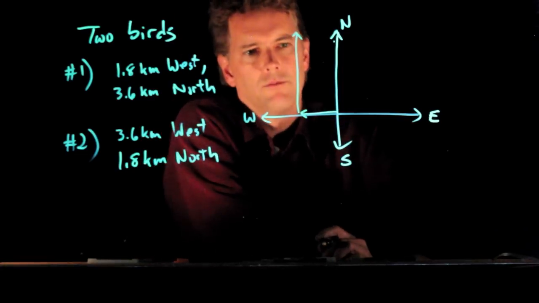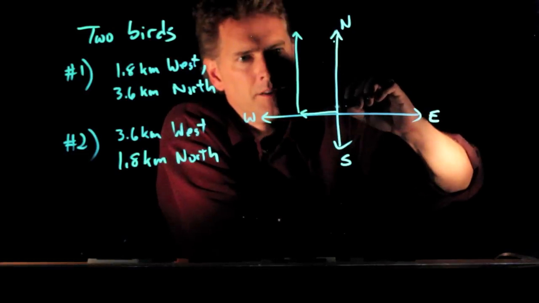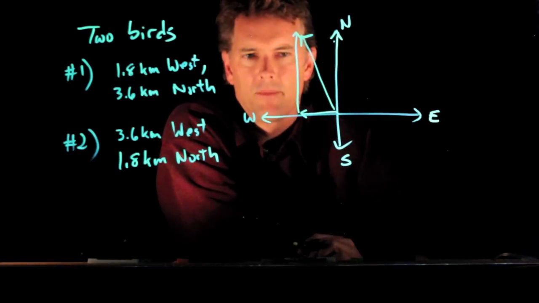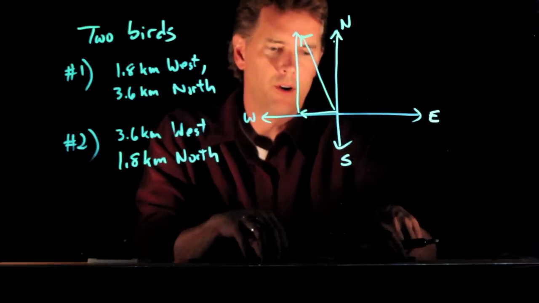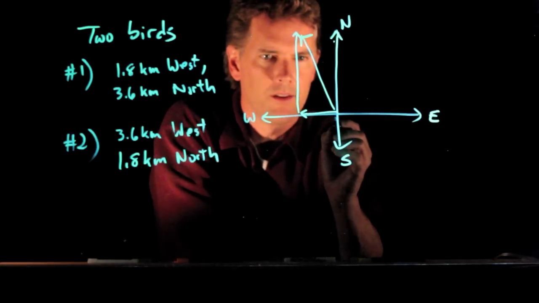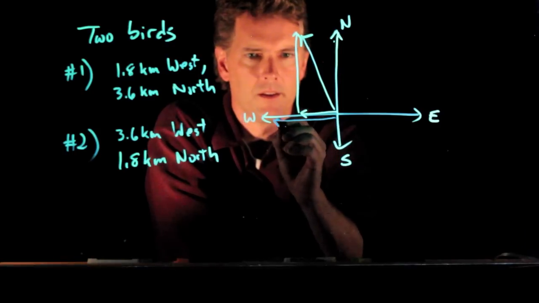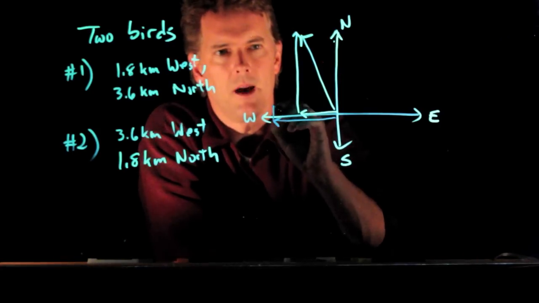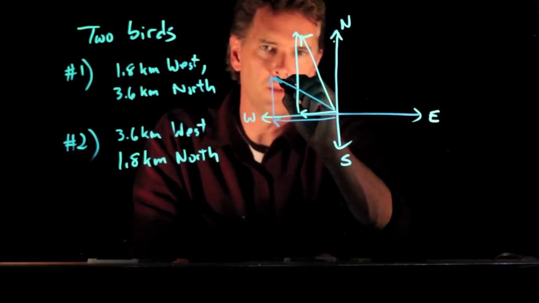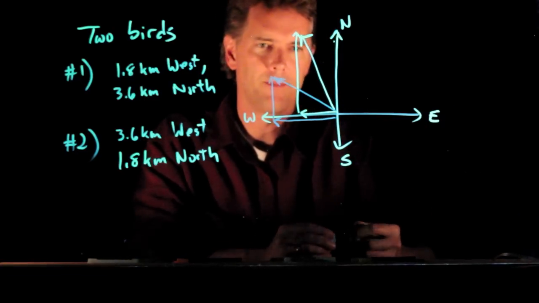So something like that. So their final displacement vector goes from the origin up to there. Looks like that. Now, the other bird goes 3.6 kilometers west and then 1.8 kilometers north. Okay, so their displacement looks something like that.